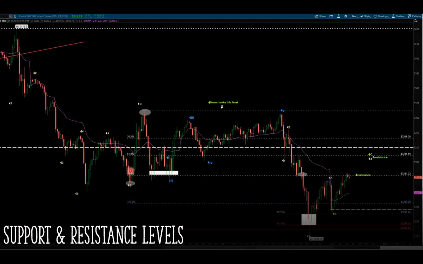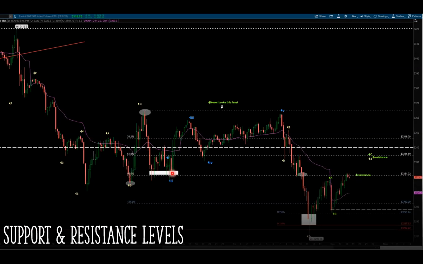I don't know if you can see, it's a little bit small, but I can show you on my picture. I noticed it retraced to the 88 and we found support here. Once I noticed we were finding support, we went back, found support again, then I can use this as an entry and put a stop loss 5 points below. This is based on support and resistance.